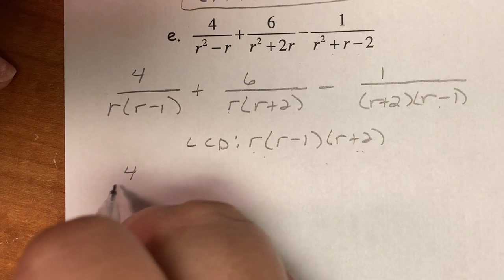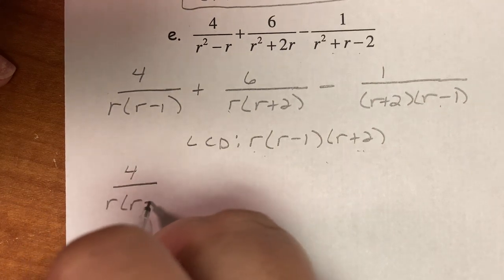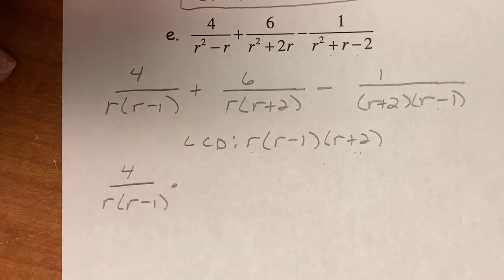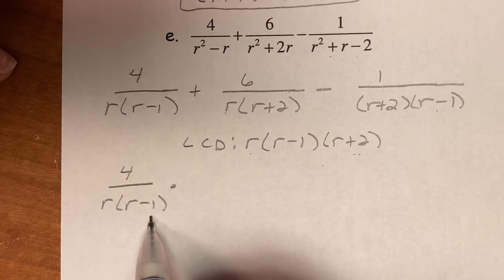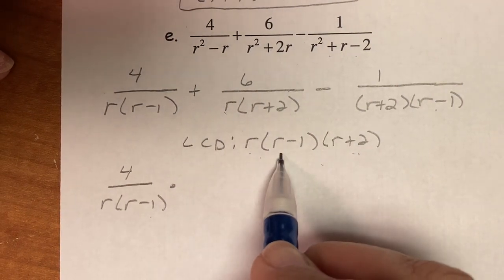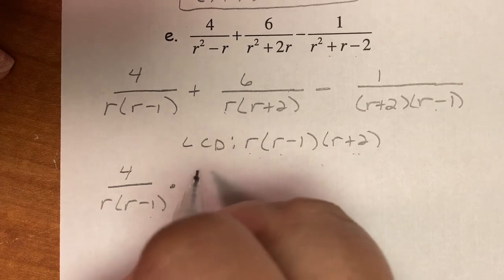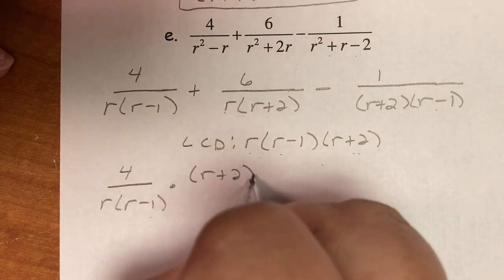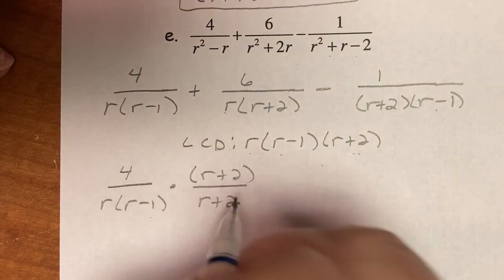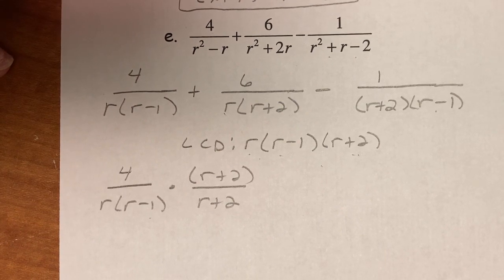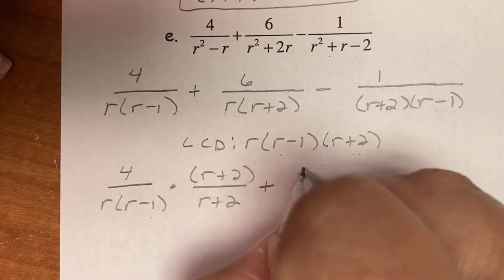So if we rewrite the first fraction, and again, I need to make this denominator look like this. What am I missing? Well, I'm missing the r plus 2. So multiply top and bottom by r plus 2. Let's go ahead and rewrite the second fraction.